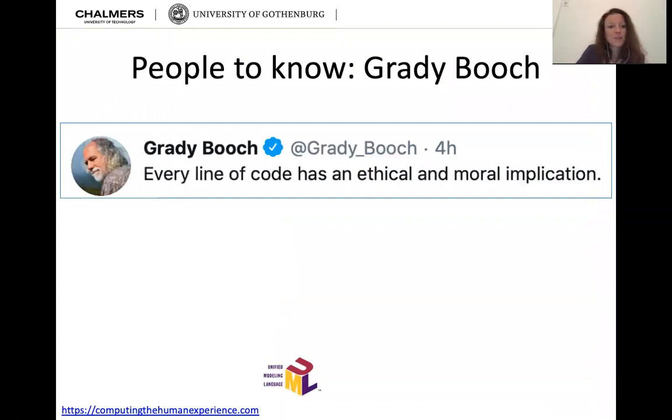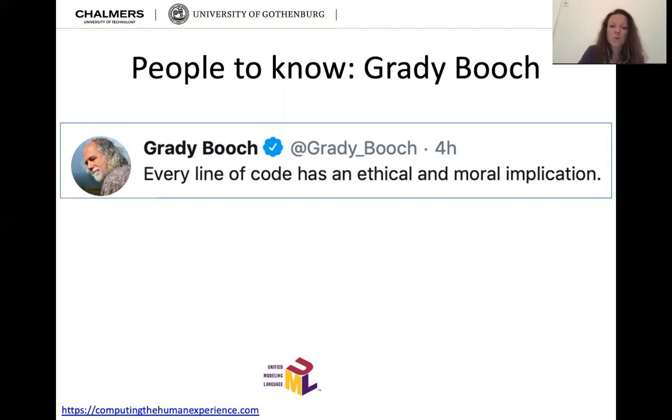First things first, let me introduce you to Grady Booch. Grady Booch is somebody who has been in the domain of software engineering for a very long time, a well-known researcher and industry practitioner. He has done a ton of podcasts and written articles, and I've seen him speak a number of times. He is also very active on Twitter.